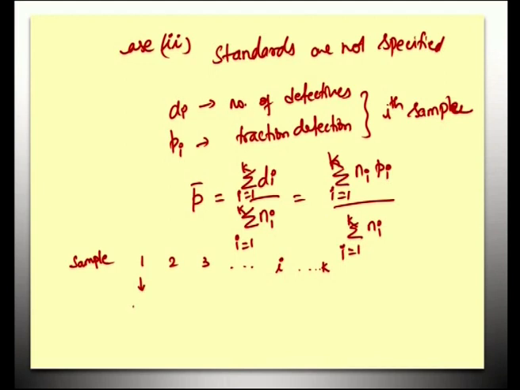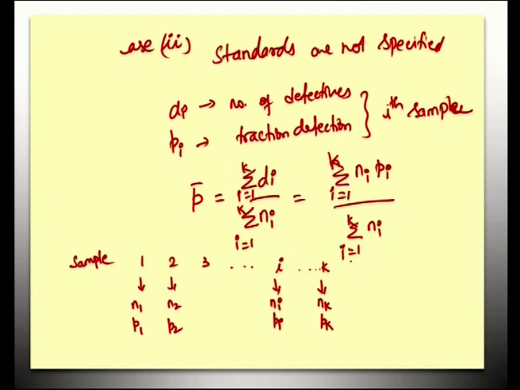For each sample there will be a size and a fraction defective. Similarly N2, P2, like that we have Ni, Pi, and for the kth sample it is Nk, Pk. Each term is multiplied, the summation is taken, and divided by the summation of all Ni's. So that gives you P bar.